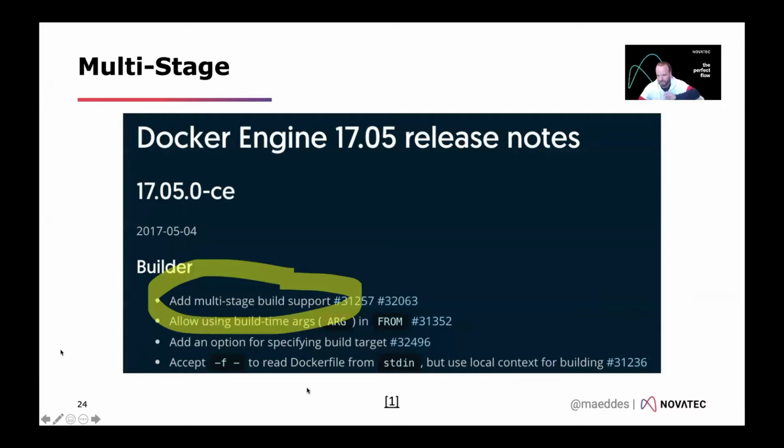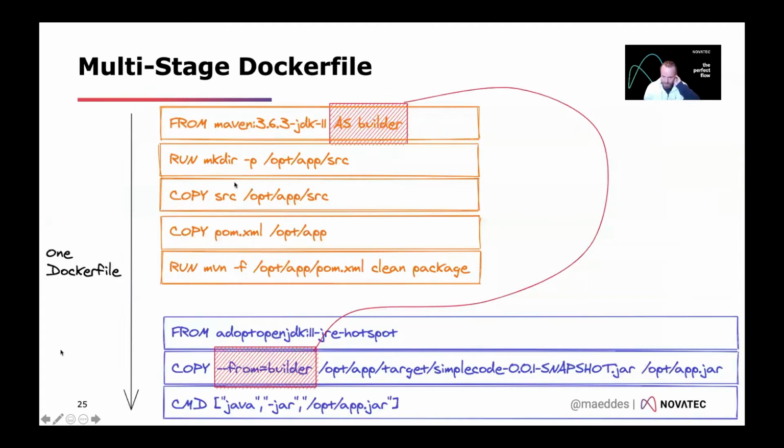Now, Docker has also come up with a solution for that, which is called the multi-stage Dockerfile. In this one, you can separate your image process into stages and say, well, I use this stage only for building my application with a predefined environment like a Maven JDK combination.